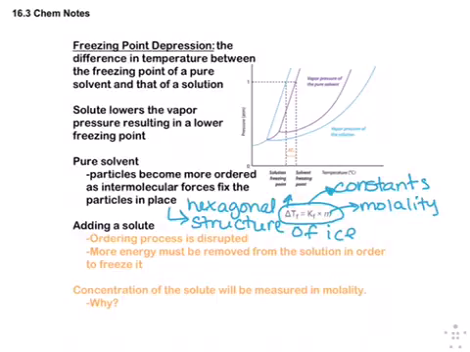And then this is just the difference in the temperatures. So why do we use molality in the formula and not molarity? Because molality doesn't change when it's heated. Right, so molality will not be influenced by temperature changes.